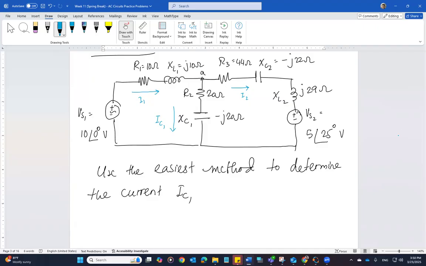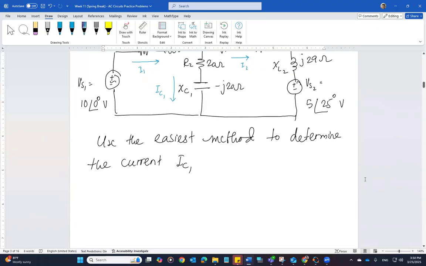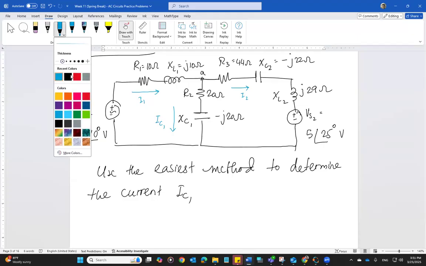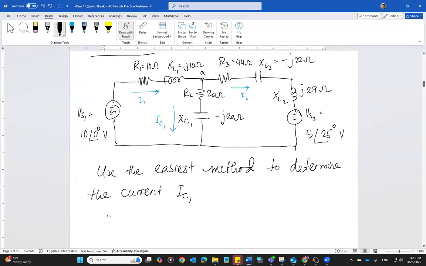So let's go ahead and pull up MATLAB so that we can assign all the values. Or before we pull up MATLAB, let's write down the equation of the KCL at node A. KCL at A is going to give us I1 going towards, and I2 and IC1 going away.